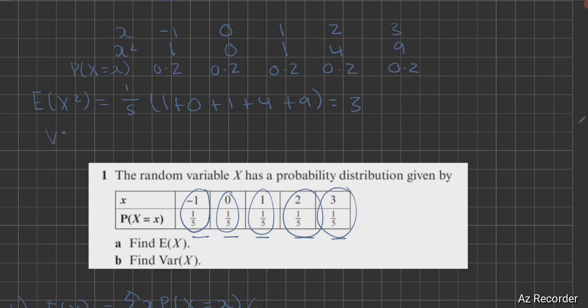Now, just rewriting that variance formula, if we plug in our values that we've gotten from part A and part B, we have 3 minus 1 squared, which is equal to 2. And that's our variance.